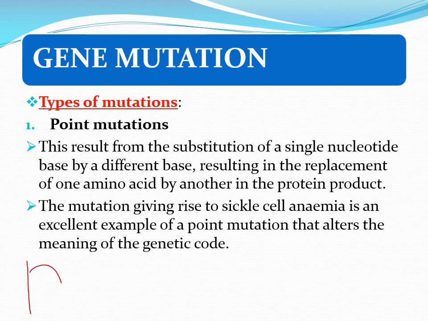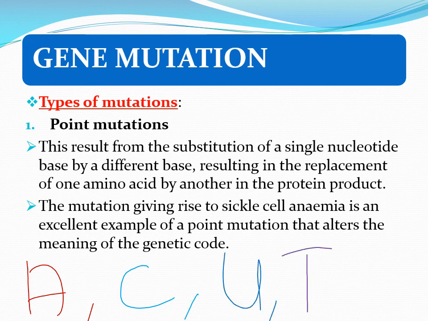We have adenine, we have cytosine, we have uracil, we have thymine, we have guanine. So these are the nucleotide bases: adenine, cytosine, uracil, thymine, guanine.